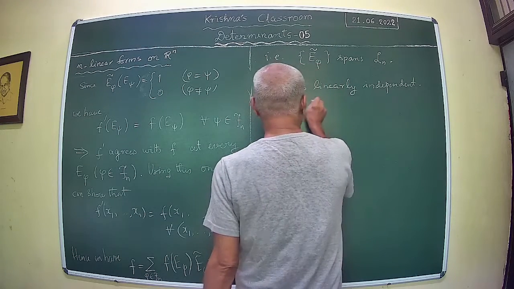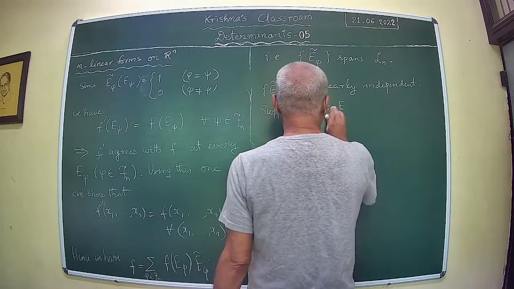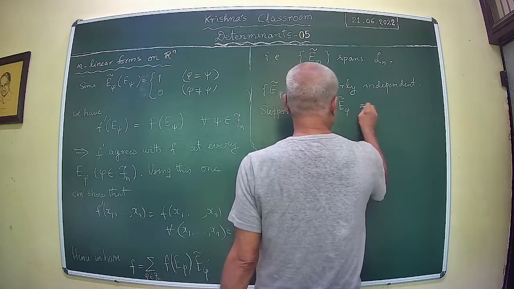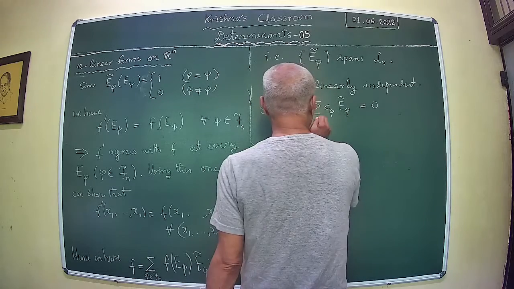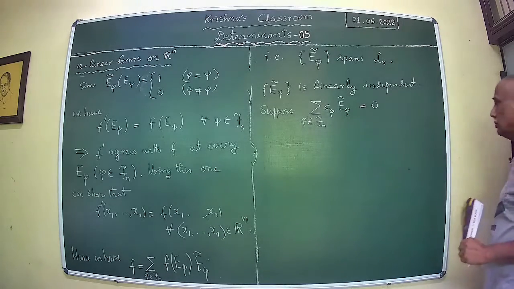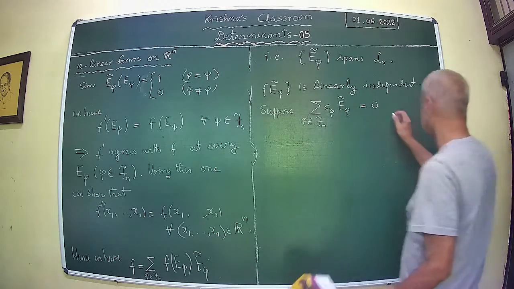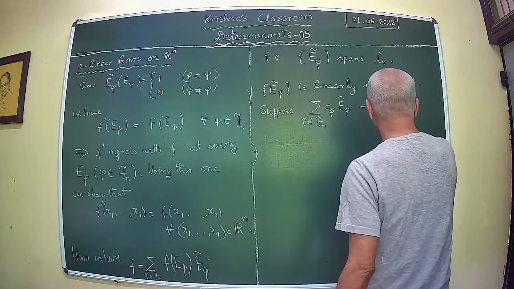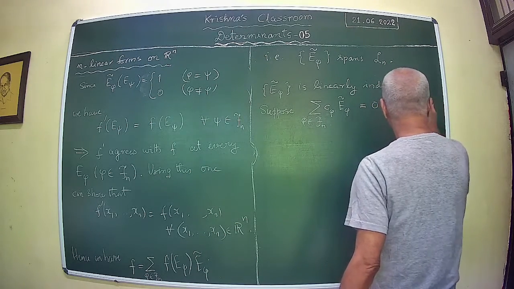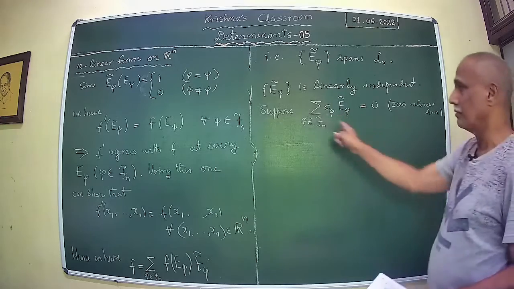Suppose this linear combination is the zero linear functional, the zero n-linear form. You know that this is an n-linear form, that's easy.